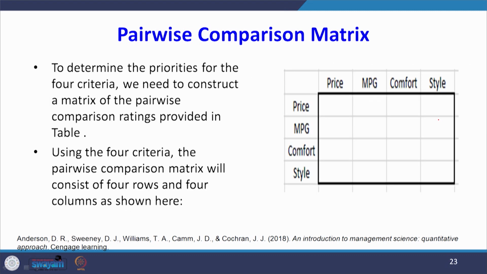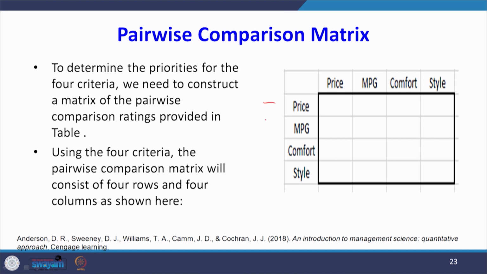To determine the priorities for the 4 criteria, we need to construct a matrix of the pairwise comparison ratings provided in the table. Look at the right hand side, there are 4 criteria. So, we have to make a table like this. Using the 4 criteria, the pairwise comparison matrix will consist of 4 rows and 4 columns.